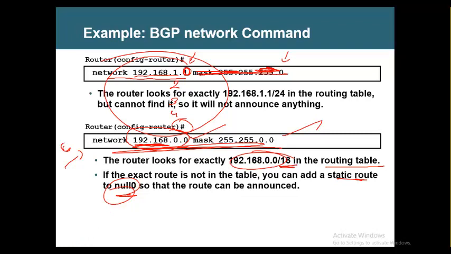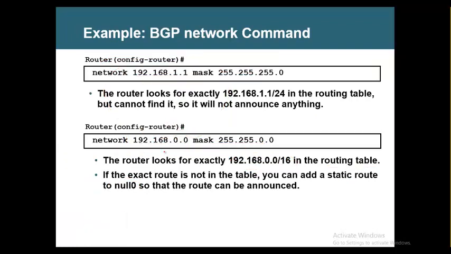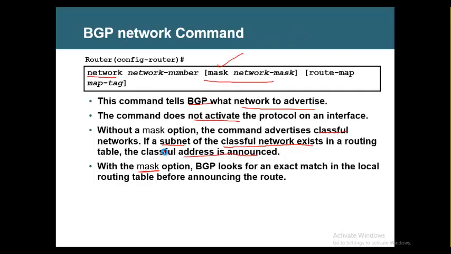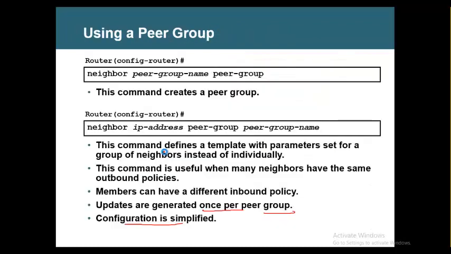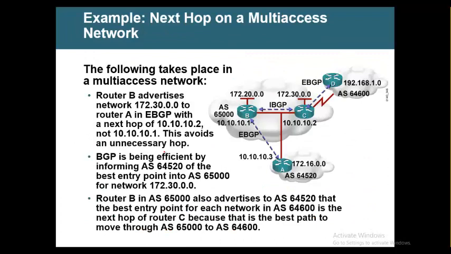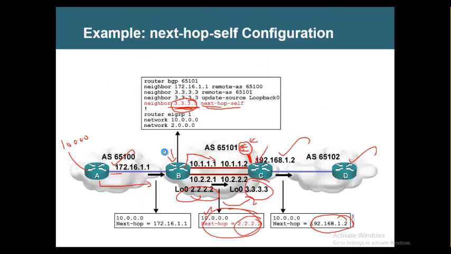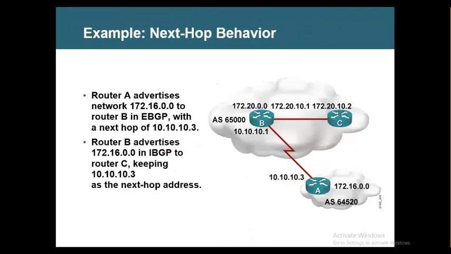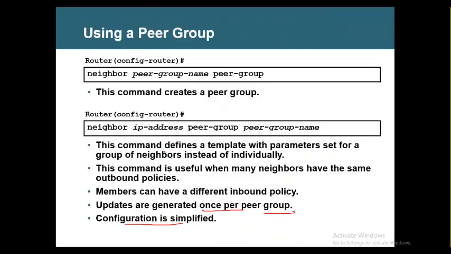I'll also do this in our next class. So what we have seen today is how to send a summary route. This is how we send a summarized route. And we saw peer group. And we saw the next hop behavior in a multi-access environment as well as in a normal point-to-point environment. The next chapter will be attributes.